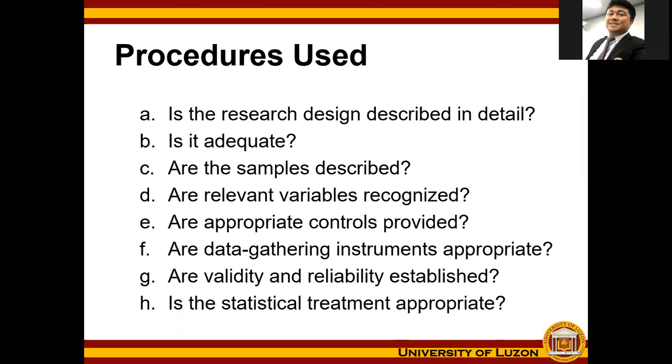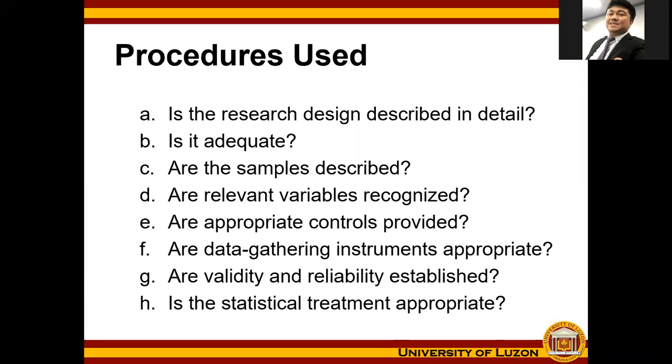Are the samples described? You will need to have a section also that will talk about your samples if you are doing a survey. If you are doing an assessment study, you will need to also describe your key informants. If you are doing a study that is concerned with participants, then you will need to describe your participants.